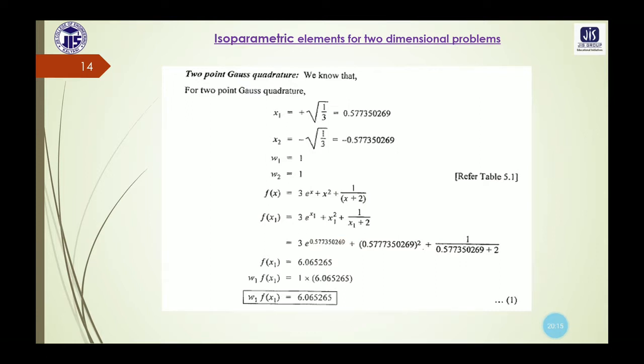So the value of x1 we have written as plus root under 1 by 3, and the value of x2 as minus root under 1 by 3. Next, the value of w1 is given as 1, and w2 is also 1.